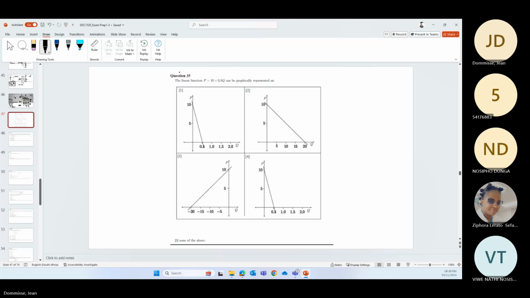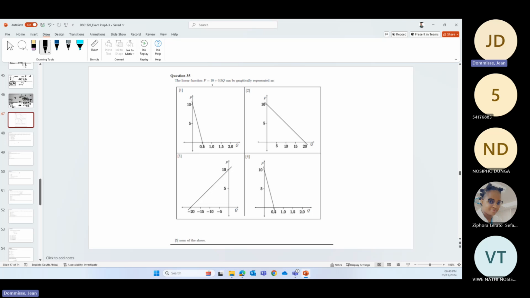Okay, a question on linear equations, but this one, they basically give you an equation and they ask you which one from 1 to 4 is the graphical representation of this line. What I normally do with questions like this is I look at a few things.